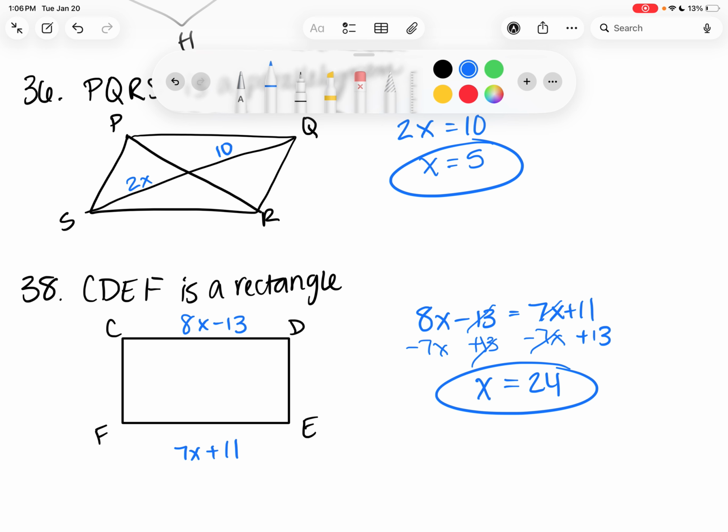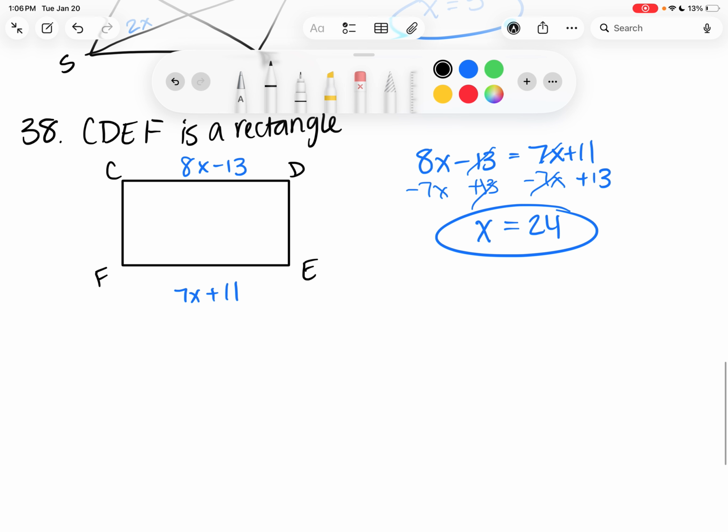Questions about those ones? All right, 39 through 42. GHJK is a square.